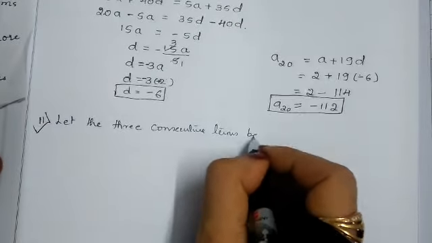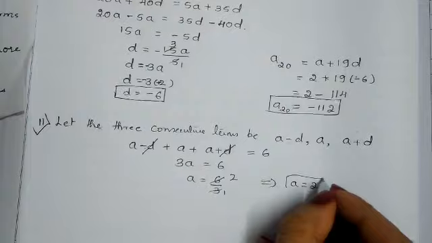Among these three, the sum is a minus d plus a plus d, which is 6. Minus d and plus d cancel. a plus a plus a is 3a is equal to 6. a is equal to 6 by 3. 3 ones are 3, 3 twos are 6. So we got a value 2.